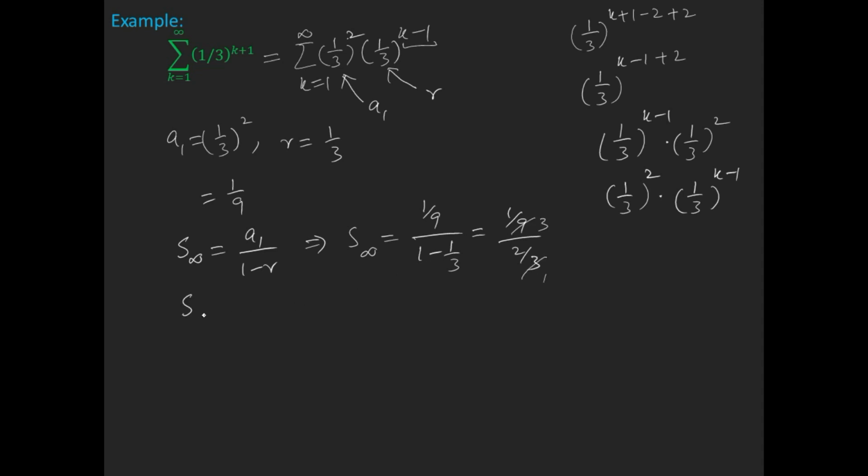So S infinity is equal to 1 over 3 divided by 2 over 1, so this 1 will be in the numerator and this 3 will come to the denominator. Similarly, in 2 divided by 1, 2 will be in the denominator and this 1 will go to the numerator, and the answer is 1 over 6. So 1 over 6 is the sum of this infinite geometric series.